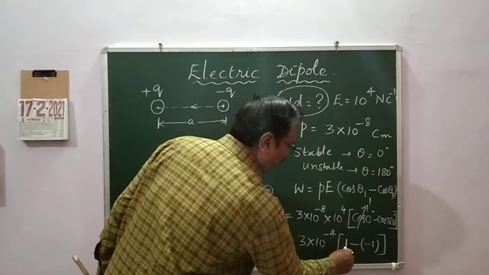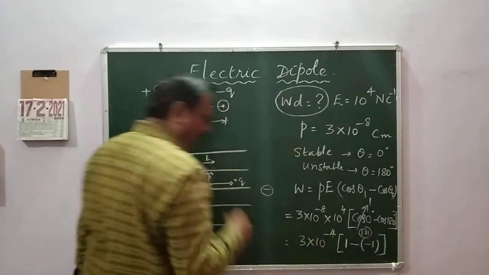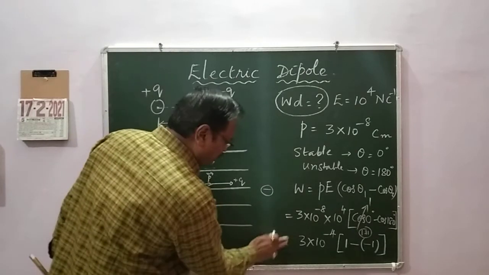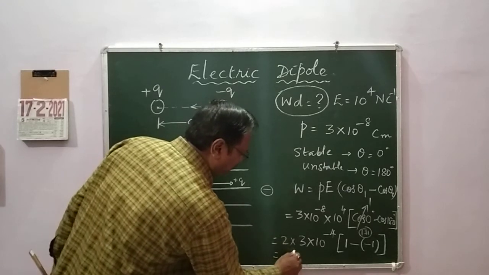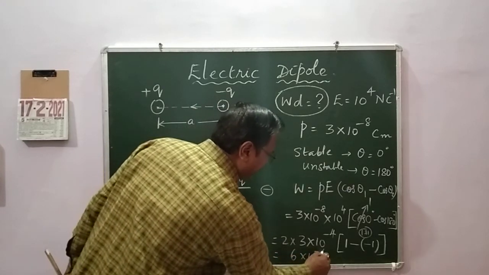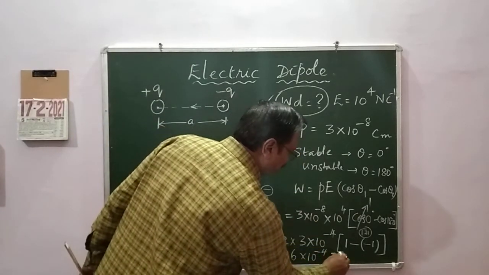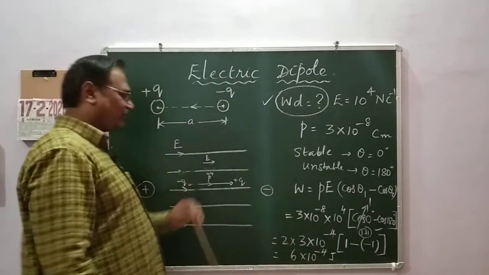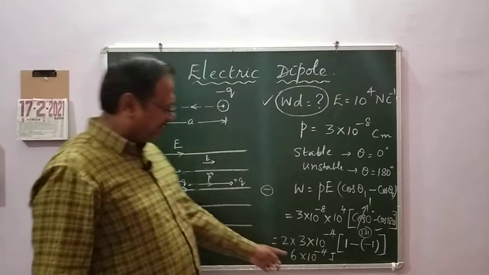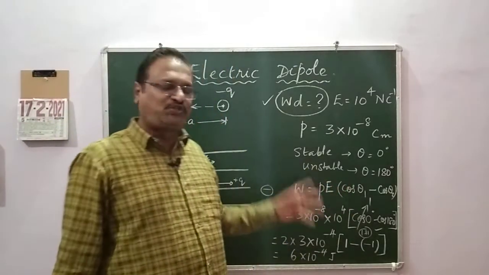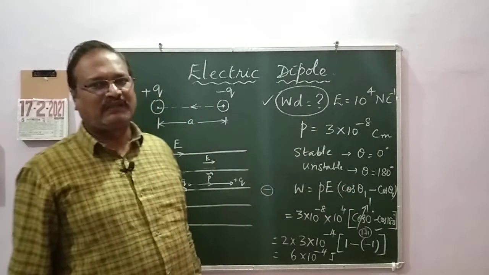So you'll find that 1 minus of minus 1 is 1 plus 1, which is 2. So I multiply by 2, and my answer will be 6 into 10 power minus 4. What am I calculating? Work done, unit is joule. I hope this is how you calculate. The answer is 6 into 10 power minus 4 joule. By this, we have calculated the work done.